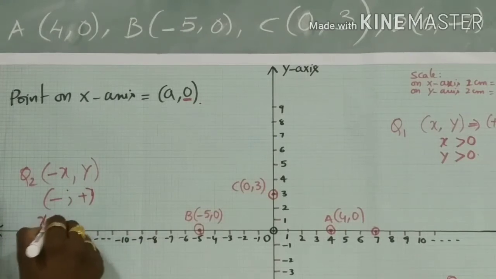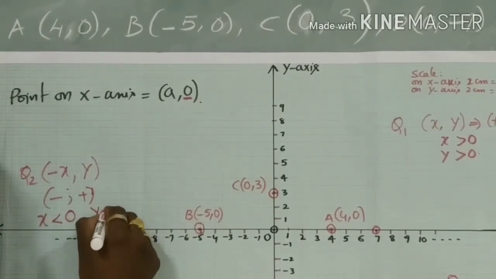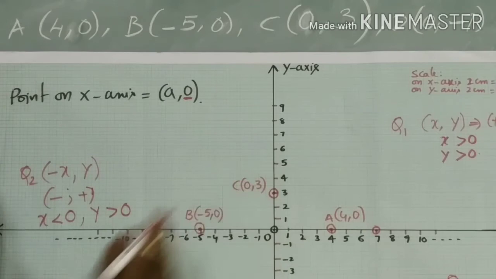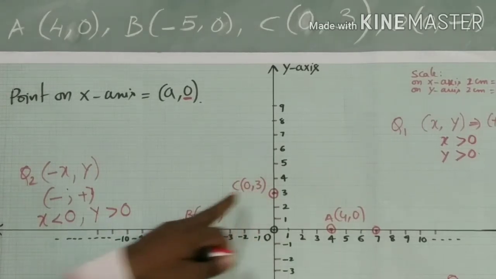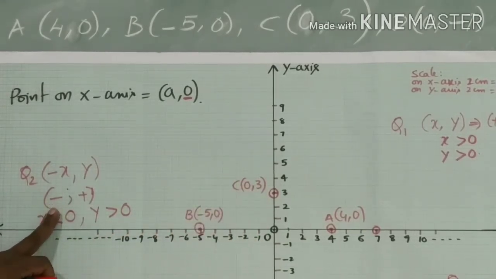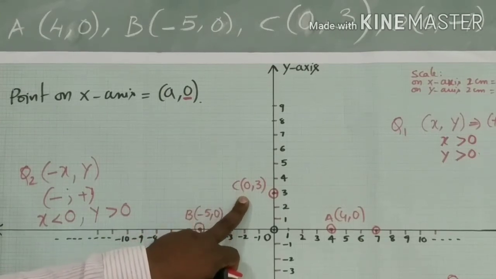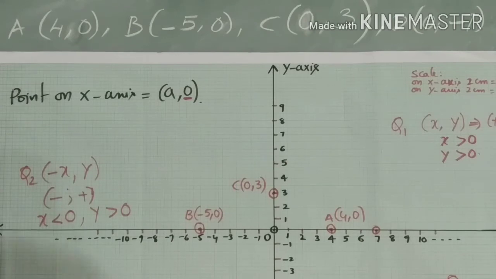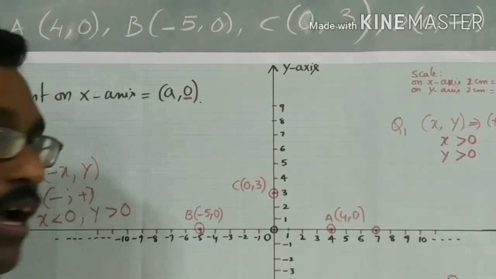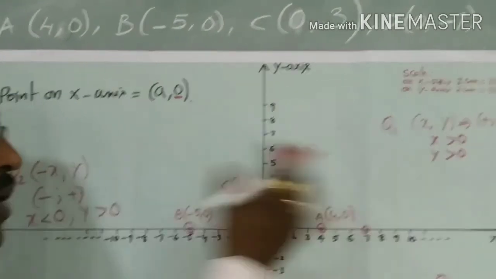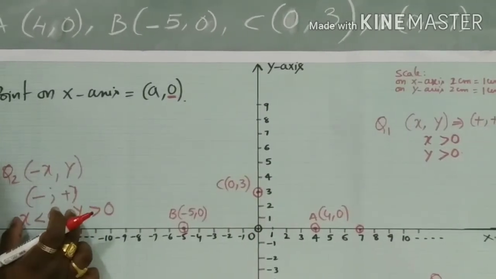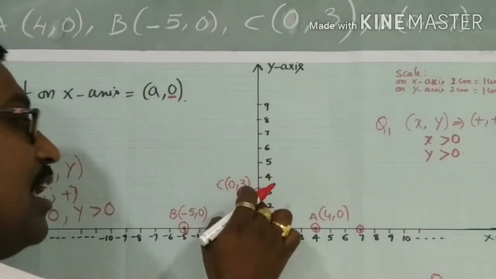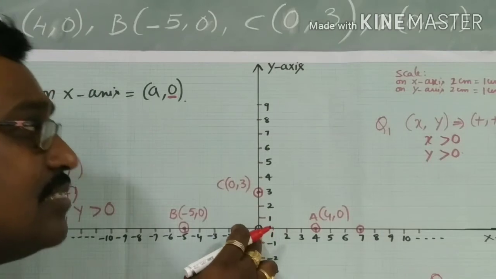That means x value is less than 0, y value is greater than 0. For 0 comma 3, is x less than 0? No, 0 is neither positive nor negative. So it does not satisfy minus x comma y and it does not satisfy x comma y. So C does not belong to Q1 and does not belong to Q2. So C is a point on the y-axis.